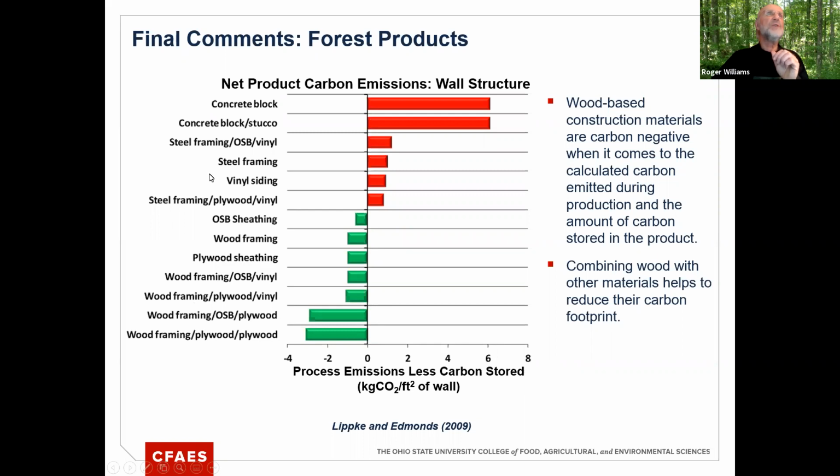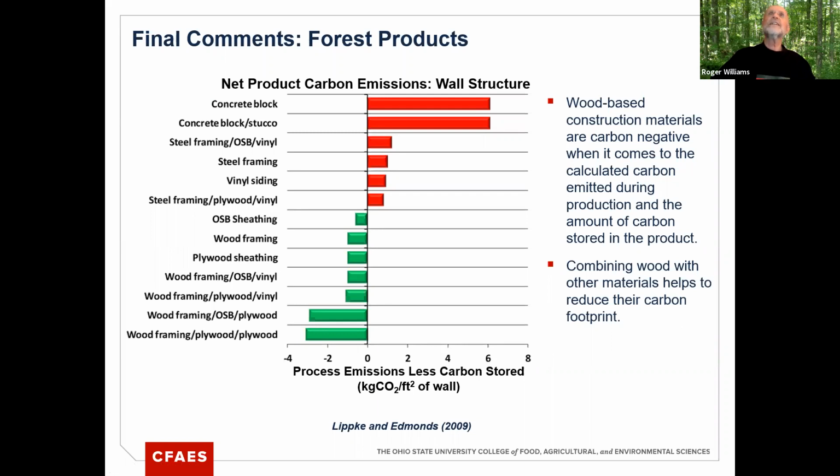Now there's a few up here, but you're combining plywood with vinyl and steel framing and so forth. And here is some OSB, with vinyl and steel framing. But if you look, all of the wood-based products show a negative in terms of the emissions.